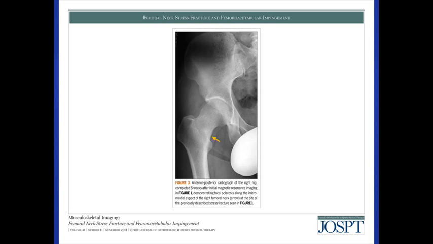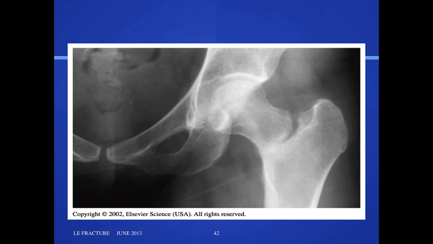And again, 8 weeks after the initial MRI, focal sclerosis at that inferior medial aspect of the right femoral neck. So often in stress fractures later, it's seen on x-ray, but you need an MRI to actually show bone edema or the fracture itself.